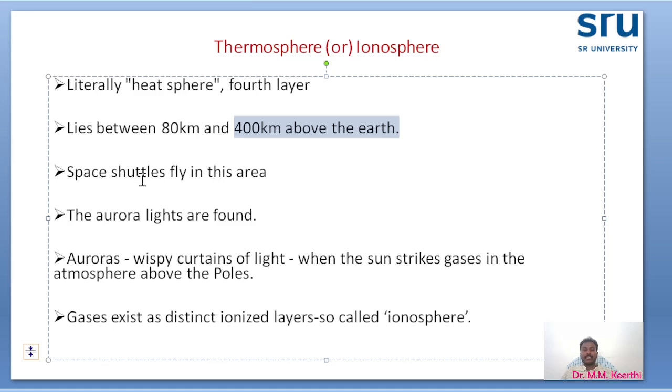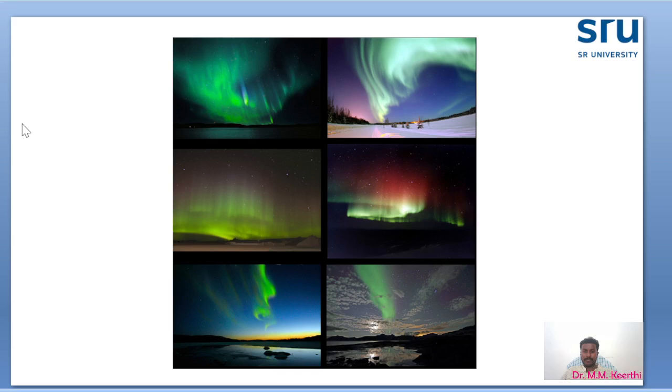Here, space shuttles fly in this area, and aurora lights are also found. Particularly, the gases extend in distinct ionized layers. That's why the ionization process occurs, and this layer is called the ionosphere. Here, aurora lights will be present. They appear when the sun's particles strike the gases in the atmosphere above the polar regions. So this comes under aurora lights.